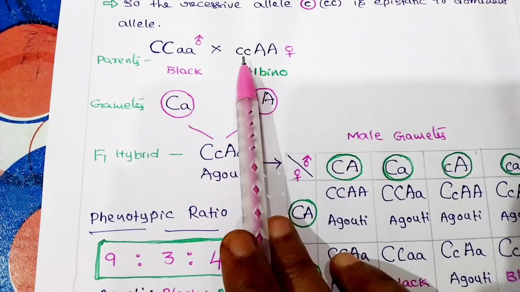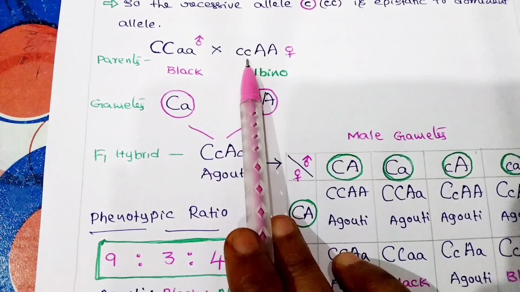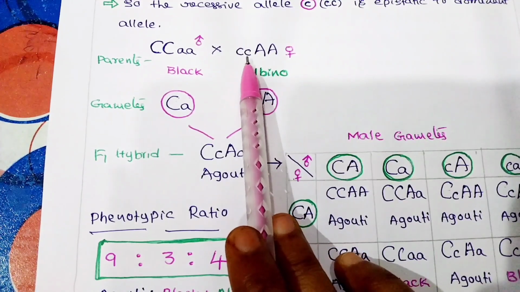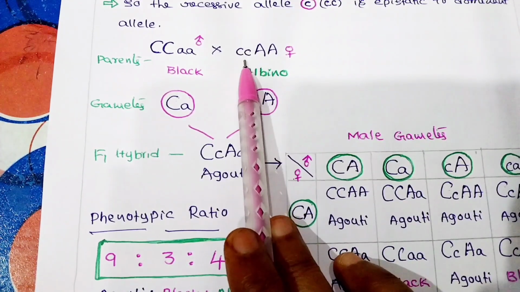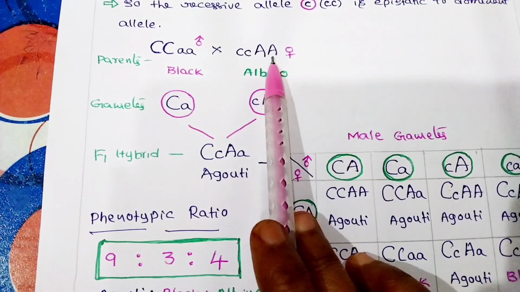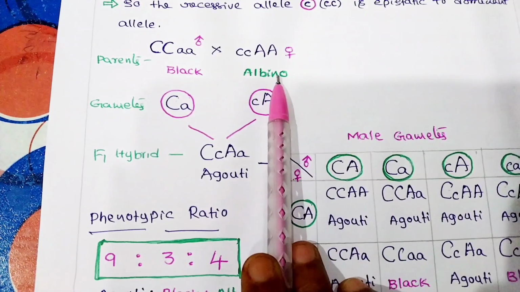Here capital C is absent, small c is present, it suppresses the agouti color. The recessive gene small c suppresses the agouti color, that's why it produces albino color.